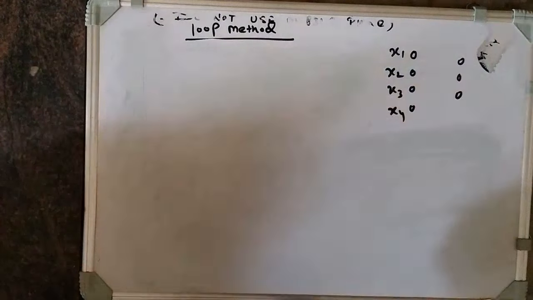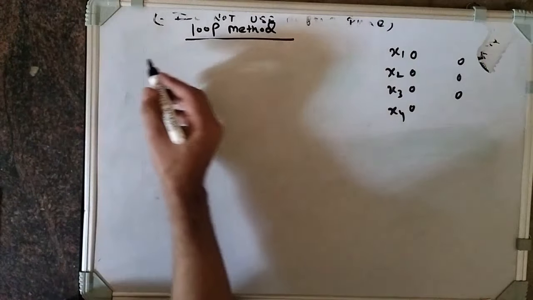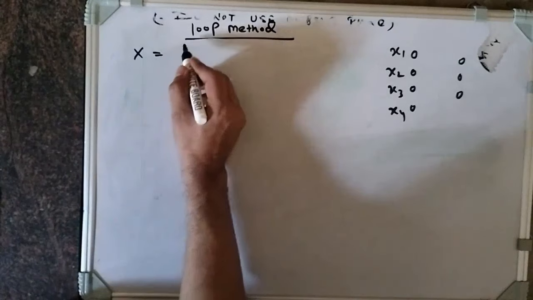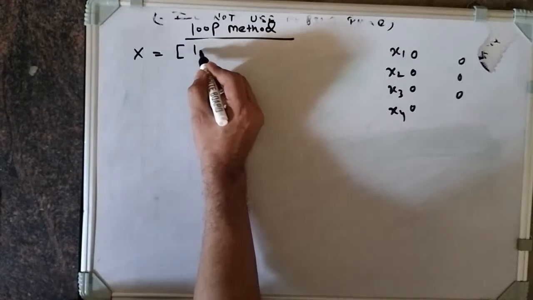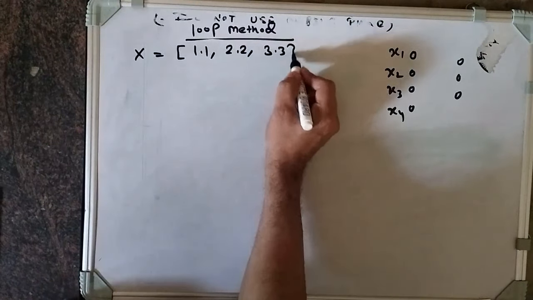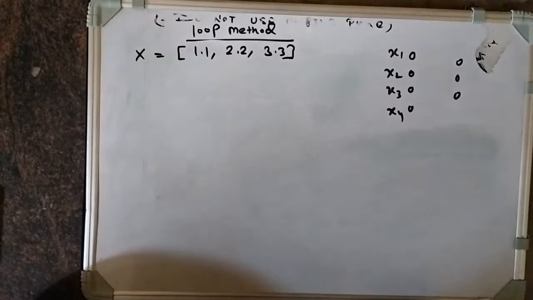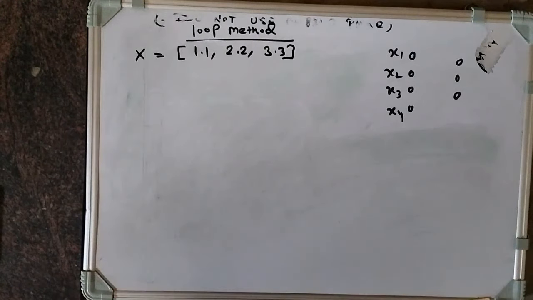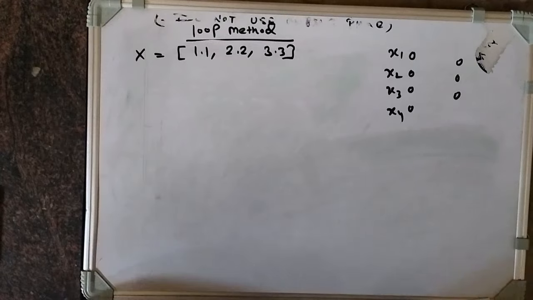Suppose x is equal to a list, and in the list I am writing 1.1, 2.2 and 3.3. I think the text is visible.